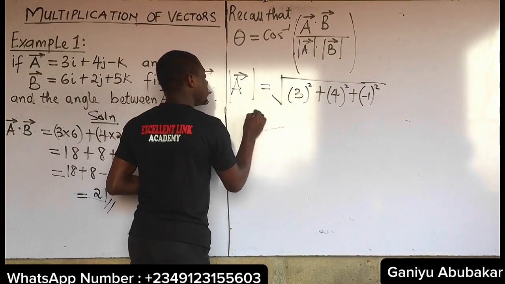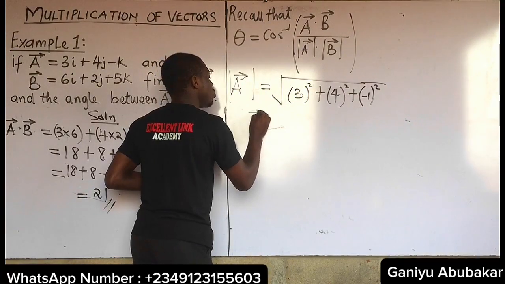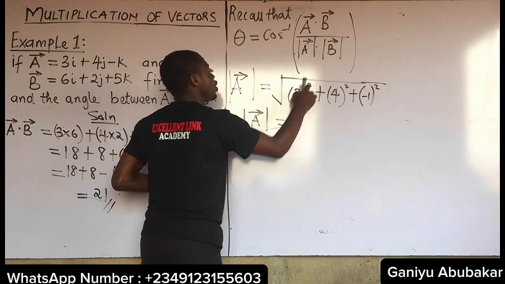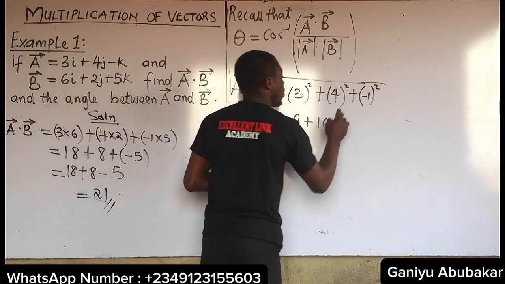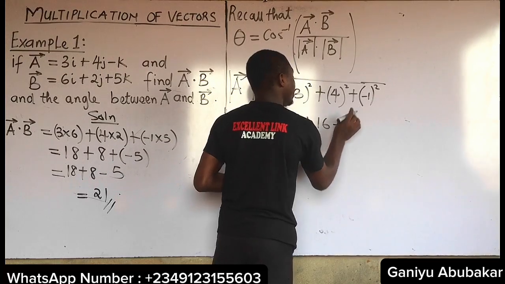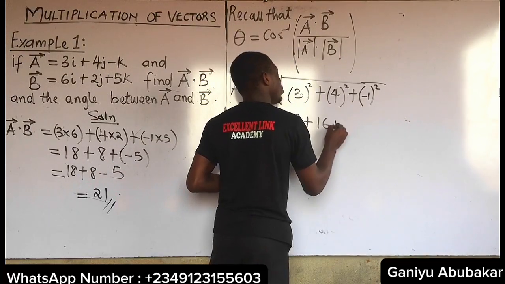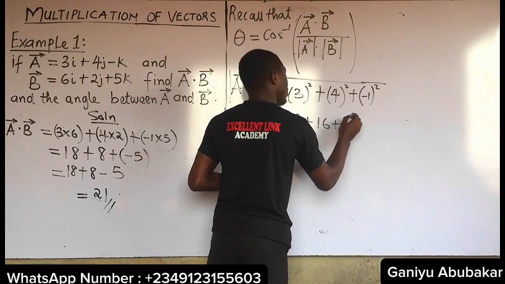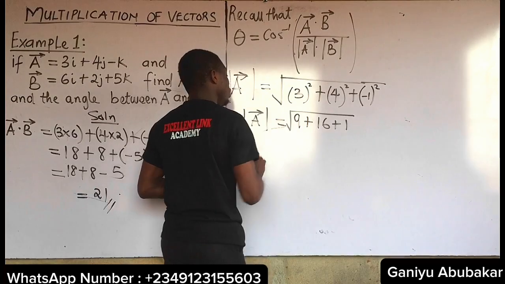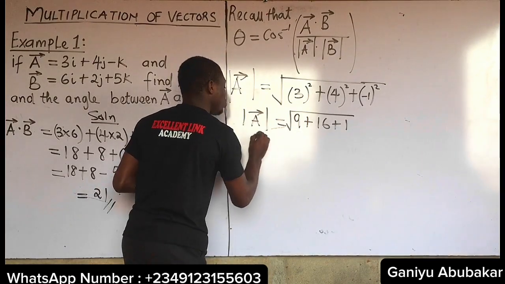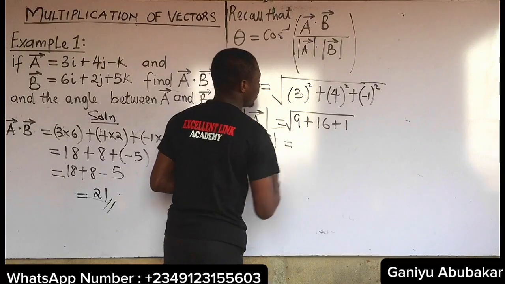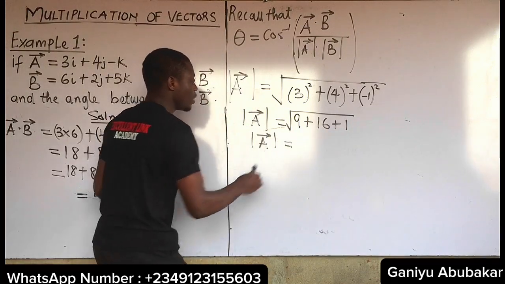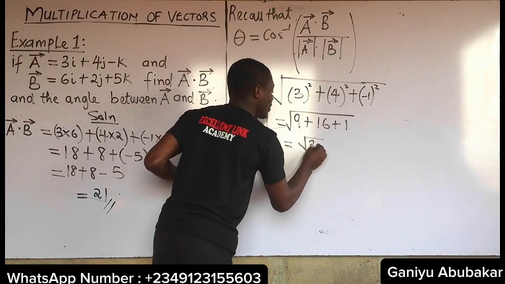So the magnitude or modulus of vector A is equal to the square root of 3 squared, which is 9, plus 4 squared, which is 16, plus -1 squared, which is 1. So the magnitude of vector A is the square root of 9 plus 16 plus 1. 9 plus 1 is 10, plus 16 is 26.